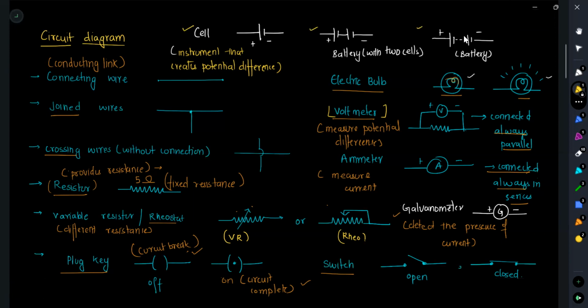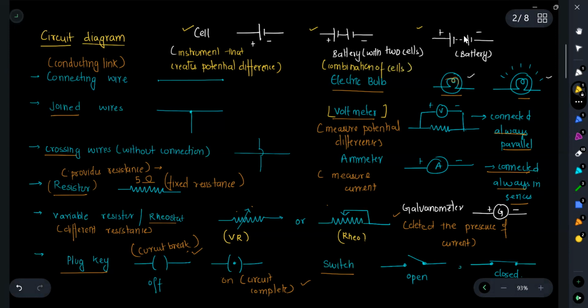Okay, a battery is a combination of cells. Note this down.